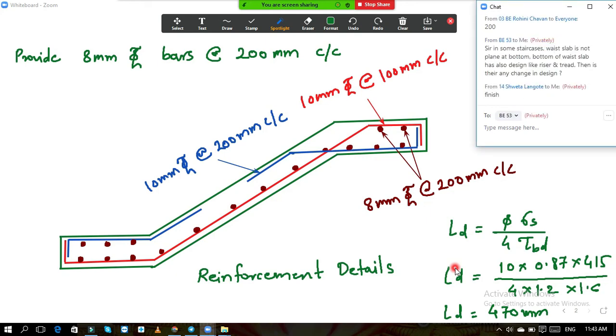Yeah, definitely. In some cases now, west slab is not plain at the bottom. The bottom of west slab is also designed like a riser and tread. Then there 101% there will be change in the design. Okay, there will be change in the design accordingly. What is the depth at that point of that west slab?